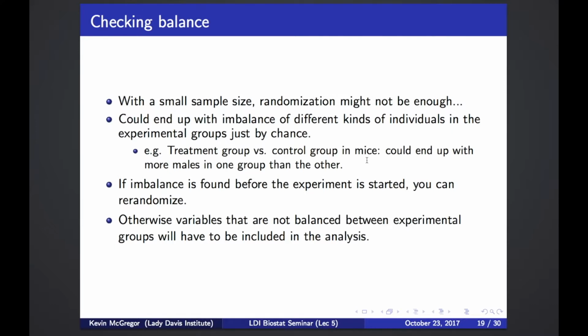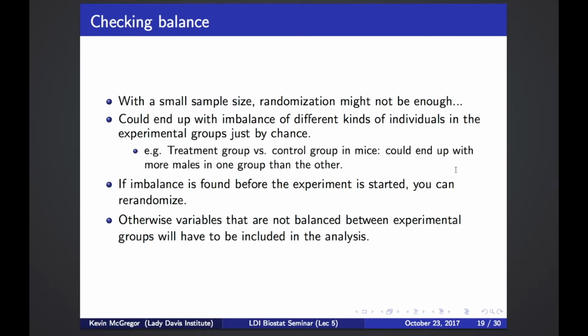Realistically, when you have a small sample size, randomization might not actually be enough. You could end up with what we call imbalance in the experimental groups, and this imbalance would arise just by chance. You did randomize, so you know that there weren't external variables that affected the assignment of the treatment. But with a small sample size, you can still end up with imbalance by chance alone.